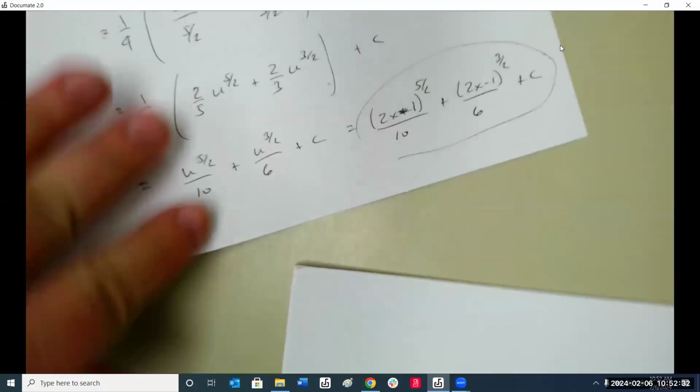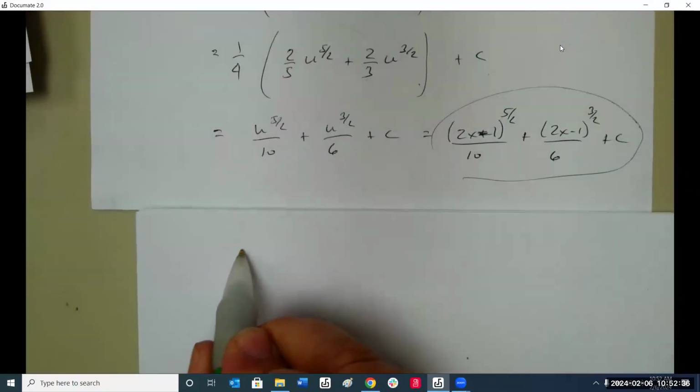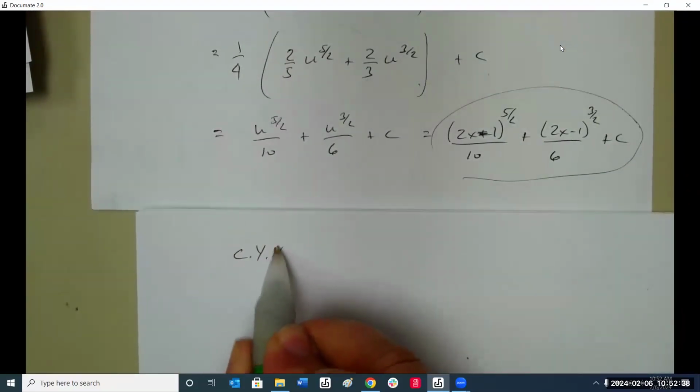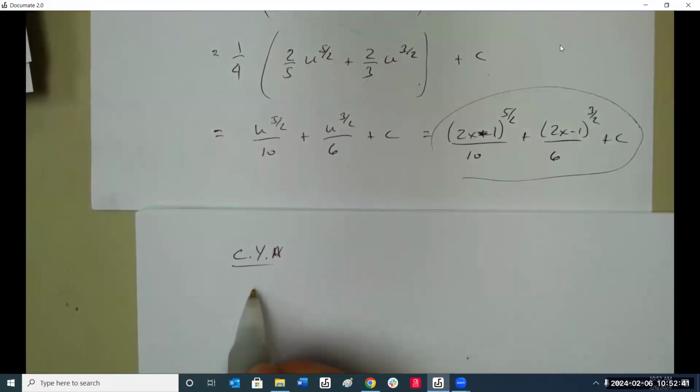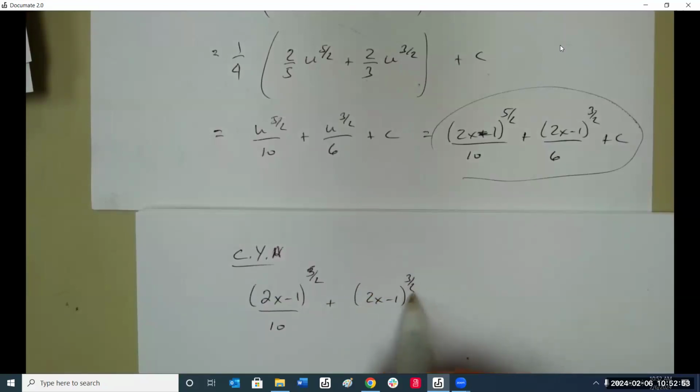That's a good question. Check your answer. We have 2x minus 1 to the power 5/2 over 10 plus 2x minus 1 to the 3/2 over 6 plus c.